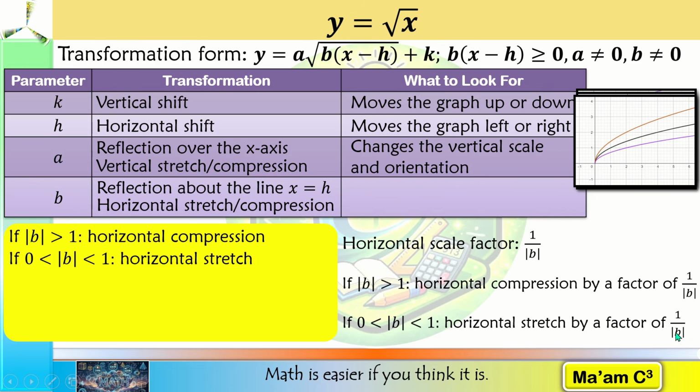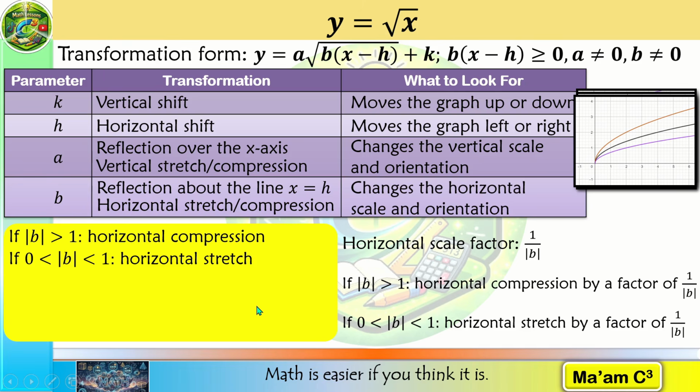So my new x now is 2 and my y remains at 1. So from the original (1, 1), it became (2, 1). There has been a horizontal stretch. So once again, b controls the horizontal scale and orientation.